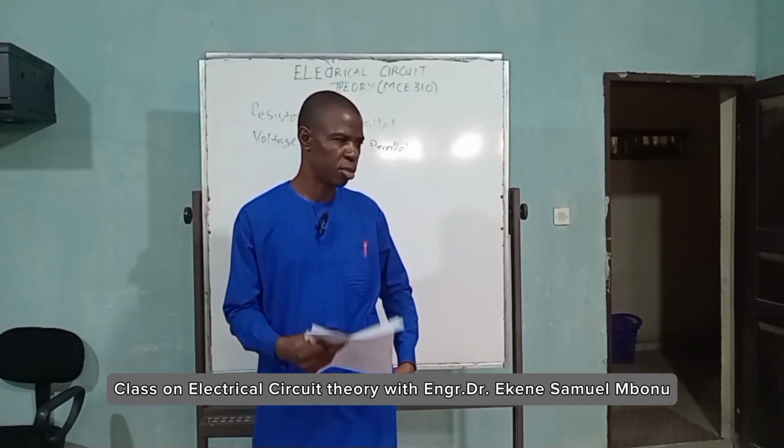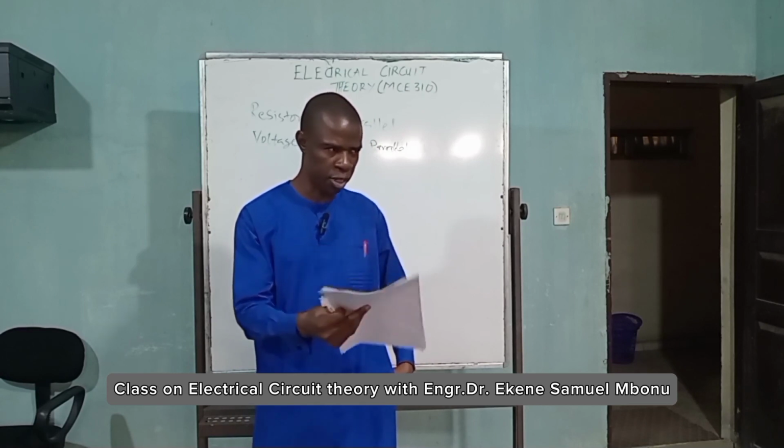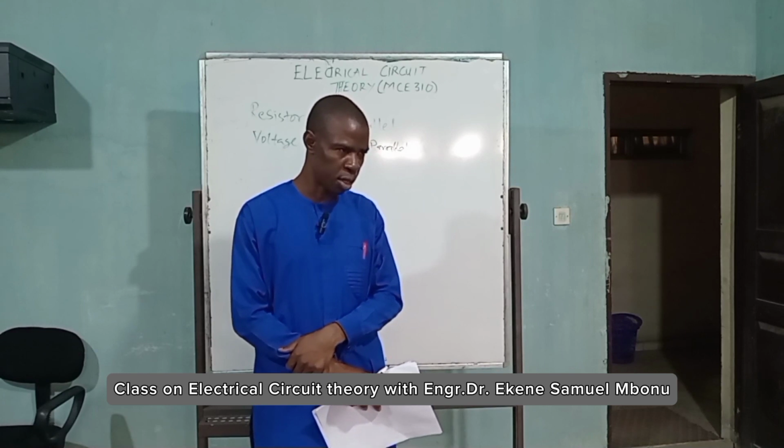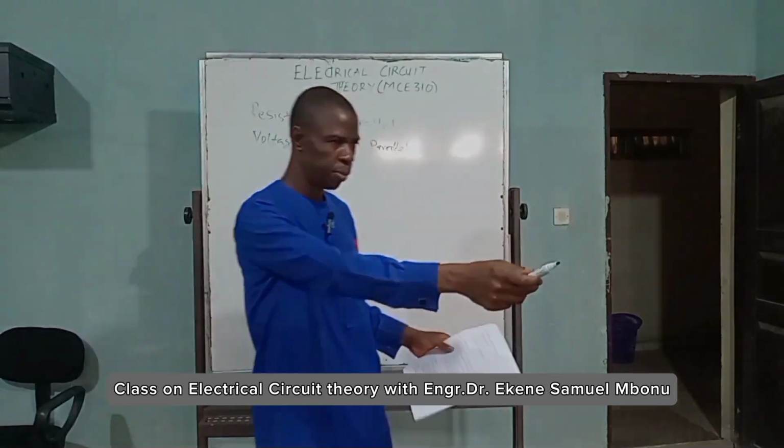There are basic things you must understand and bear in mind. When do we say a resistor is in parallel? You did your physics now. They're interconnected together. Come and show us.